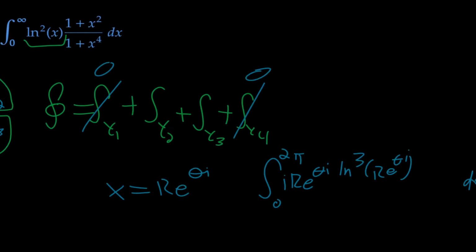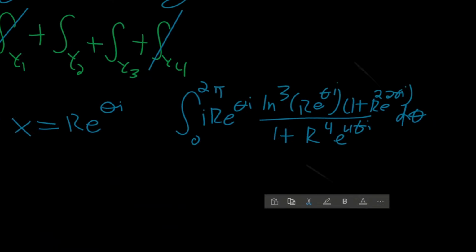I promise I will explain why it's to the third in a second. And then we have 1 plus r squared e to the 2 theta i, divided by 1 plus r to the 4 e to the 4 theta i.